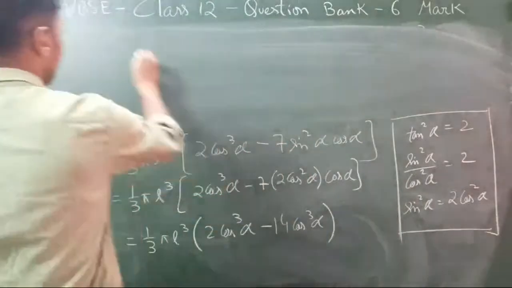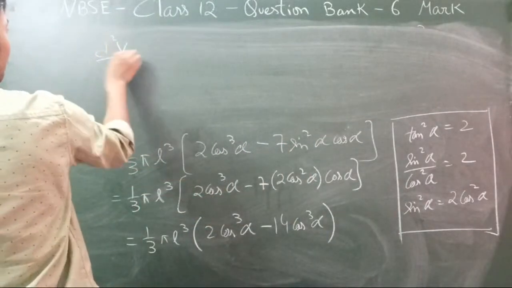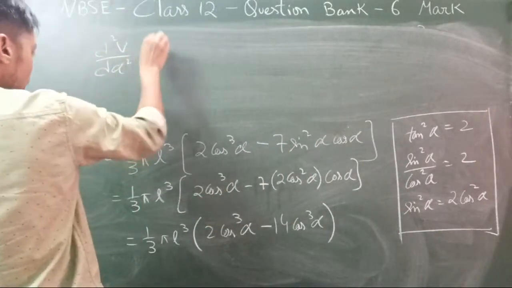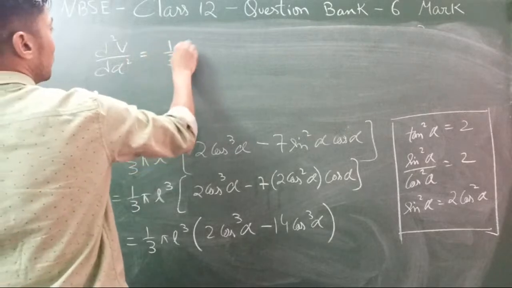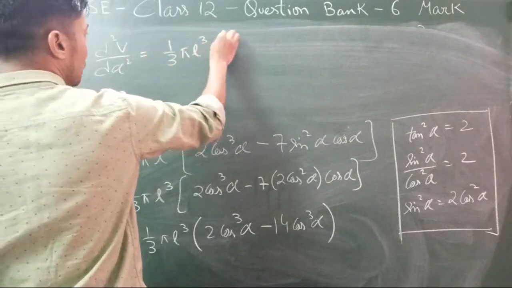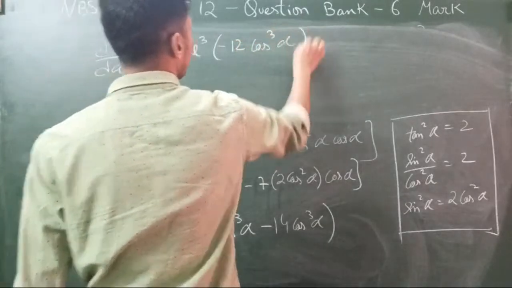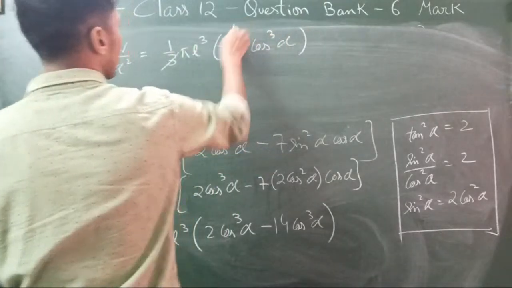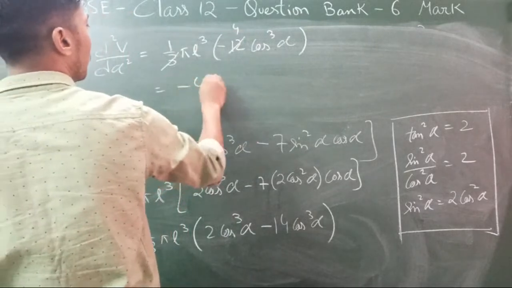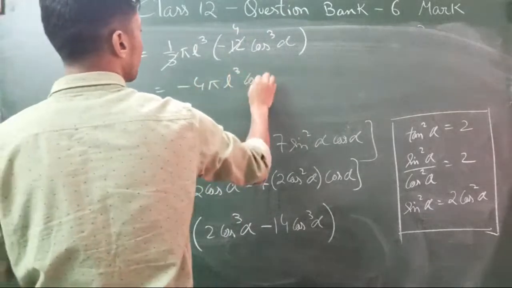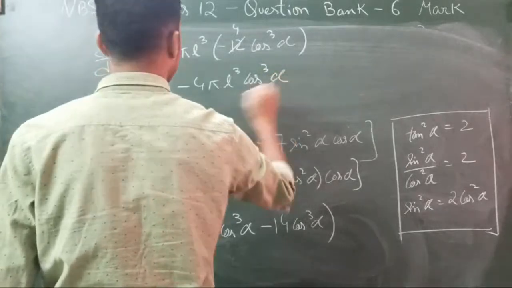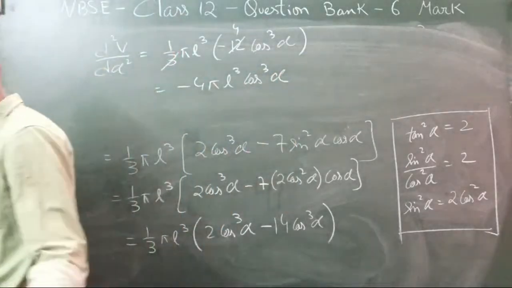So then that becomes second order derivative 1 by 3 pi L cube minus 12 cos cube alpha. So 3 4s are 12, so that's minus 4 pi L cube cos cube alpha. The smaller the equation we have, the better for us, no? So that's why.